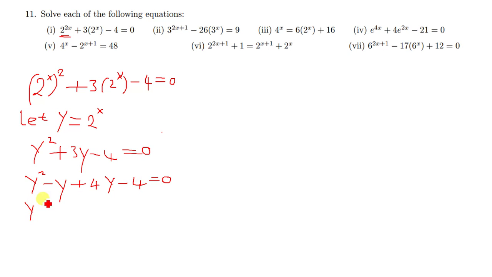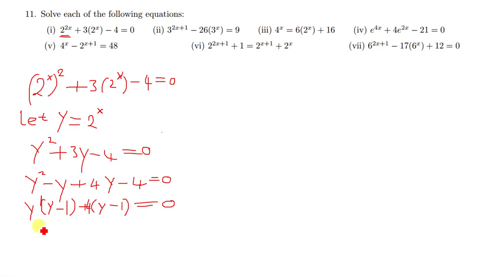So y open brackets y minus 1, then plus 4, we have y minus 1. Okay, here there's supposed to be a 4, and then this is equal to 0.